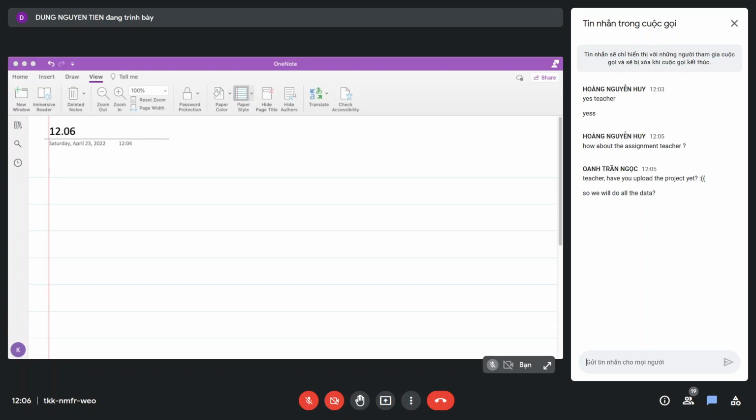Just pick one data set, but I recommend you find your own data set, and you will get a bonus score if you work on it. The deadline for the project, I think I already mentioned, will be midnight of May 13.